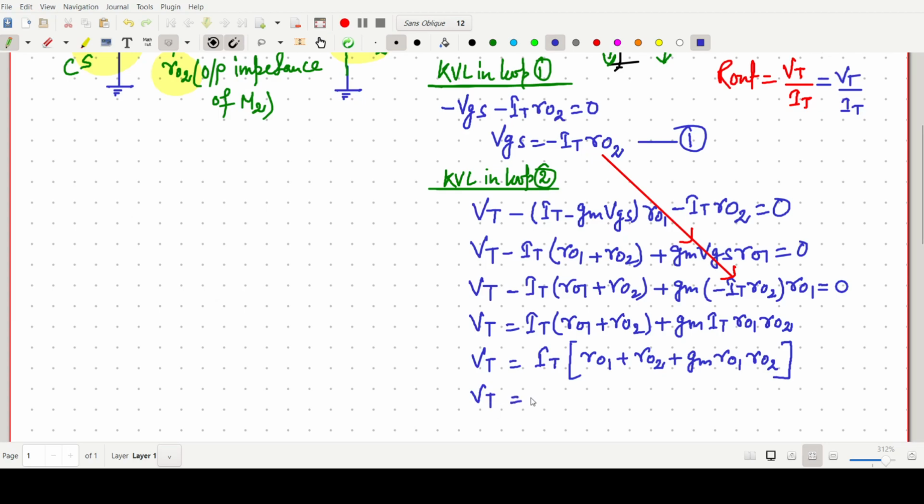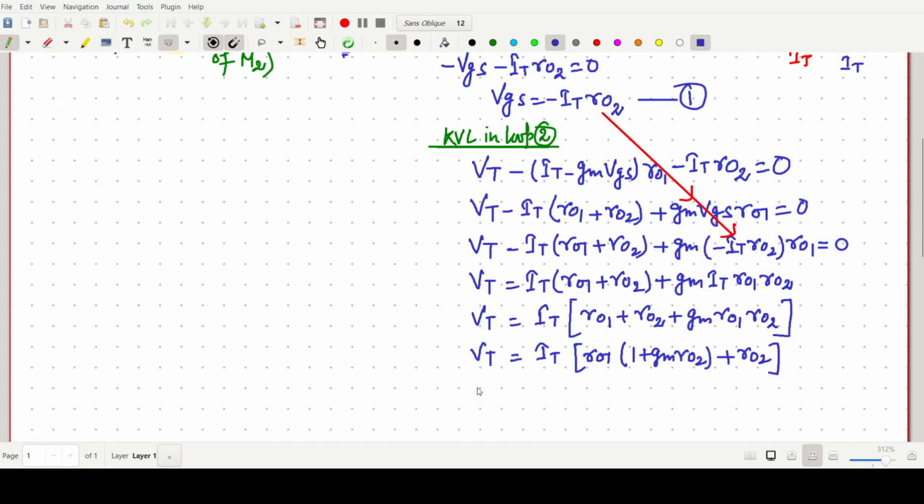Then VT equals IT times that. Now r_o1 is common, so one can also write r_o1 plus gm r_o2 r_o1 plus r_o2. Or one can also write VT equals IT, if we take r_o2 common, times 1 plus gm1 r_o1 plus r_o1.